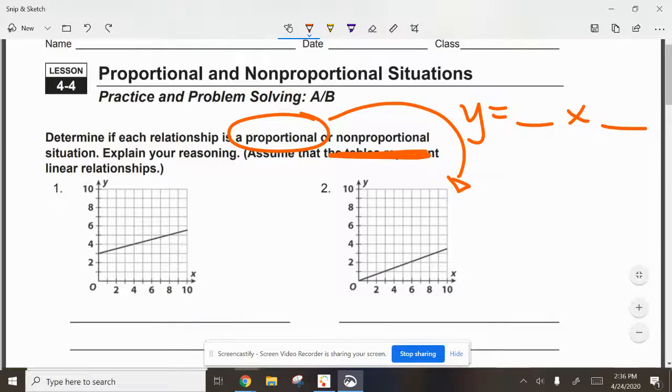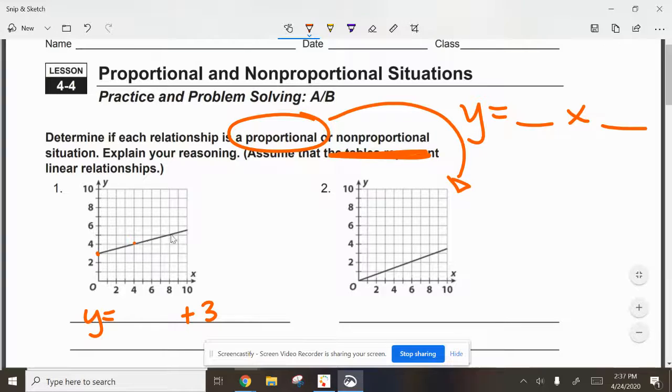Okay, so let's go to attack number 1 now and see, first of all, where does it cross the y-intercept? I mean, where does it touch the y? So y equals, and I would say it's plus 3. We're good there? And then where do you see another point? Is that a point? No. Is that a point? No. No. Yes. And there's your point.